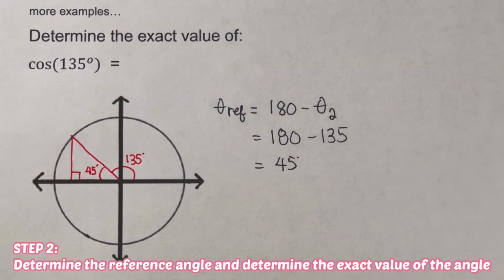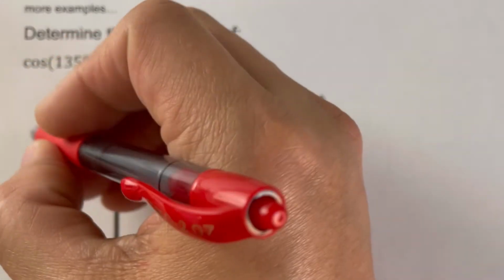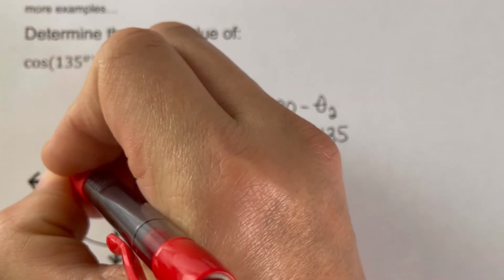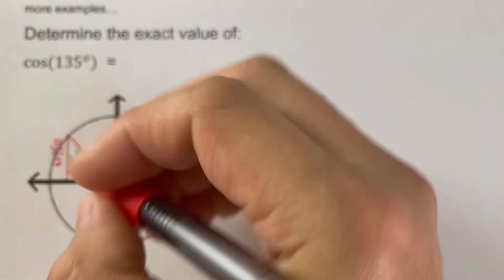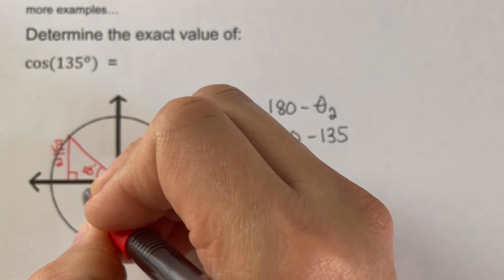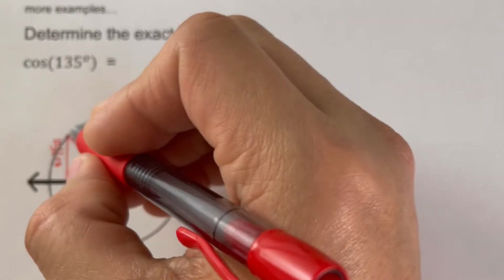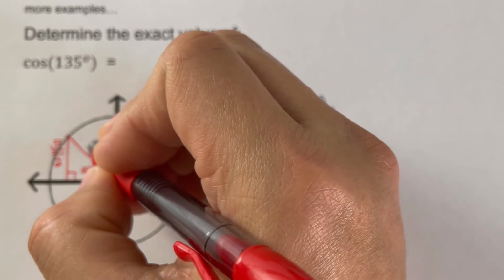So we remember that the side across from 45 degrees would be square root of 2 over 2. And then the other side also would be equal to that since both angles are the same. So this would be square root of 2 over 2. And this hypotenuse right here is 1.